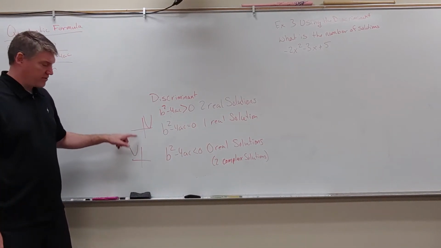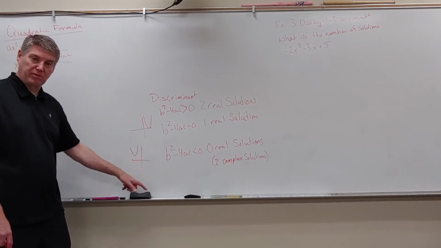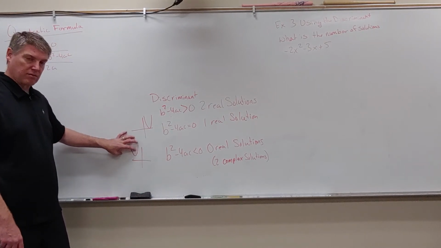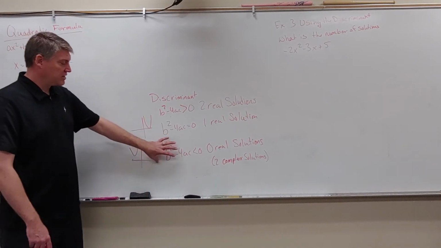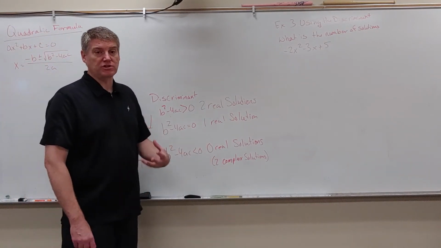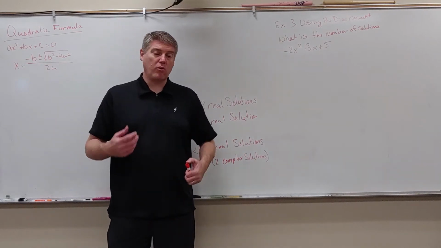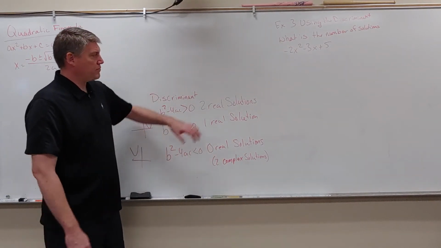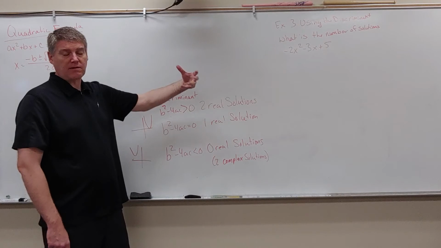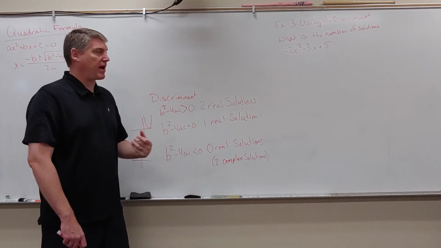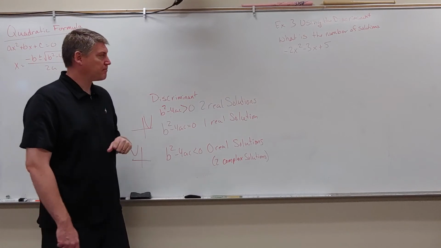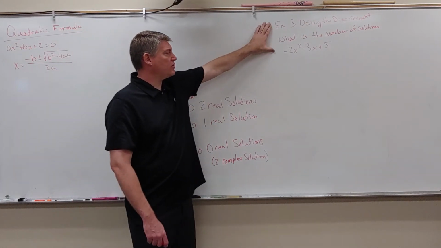So we're either above the x-axis or we're below. If we open up, we're above the x-axis. If we open down, we're going to be below. So this gives us complex solutions. That's important to know because we're going to talk about complex numbers next time, and having that imaginary piece of it, that i, okay?